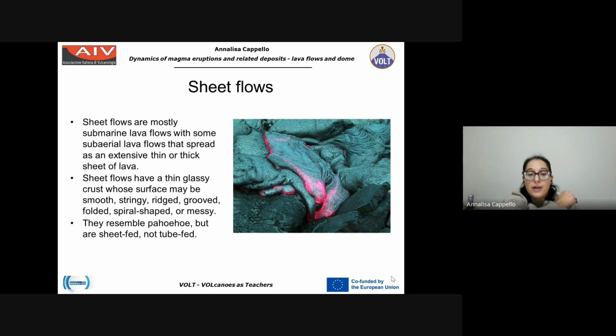These have a thin glassy crust with a surface that can be smooth, stringy, ridged, grooved, folded, spiral-shaped, or messy. And they are similar to the pillow lava, but the main difference is that it is not tube fed, but is sheet fed. It forms from high discharge rate fissure extrusion with highly fluid lava.